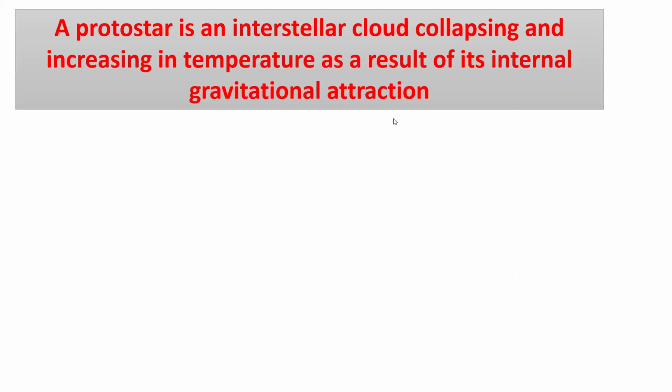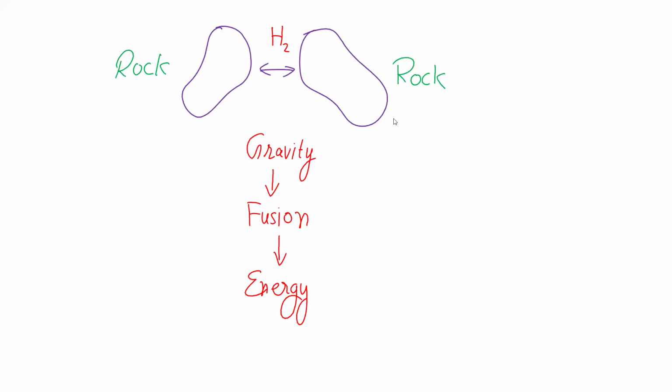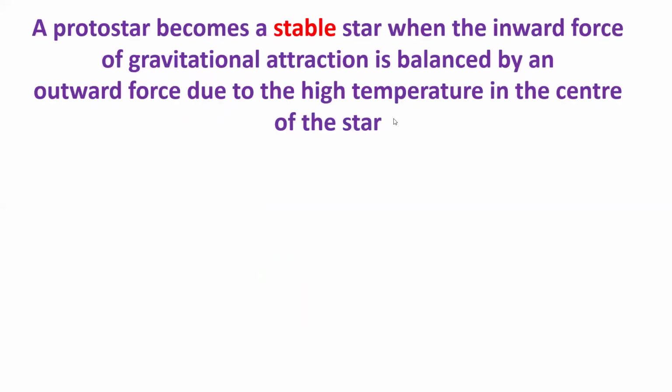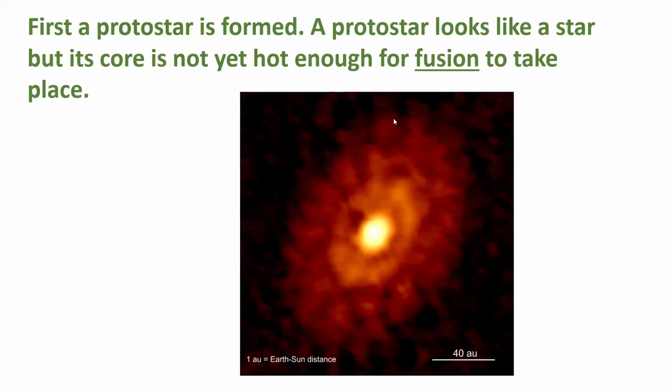When they come closer to each other due to gravity, look at this, the two big rock-like objects are there. When they come close to each other, due to the compression, hydrogen nuclei fuse and energy is released. This is how a star begins its life career.